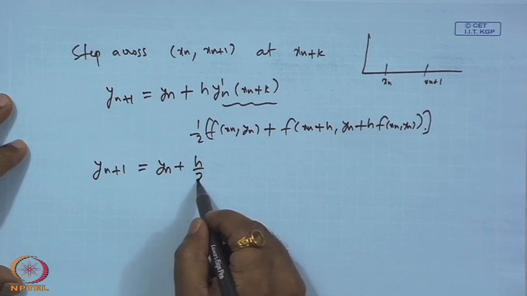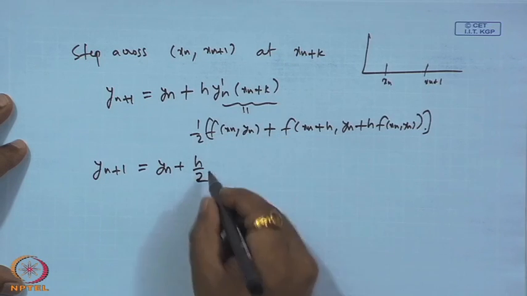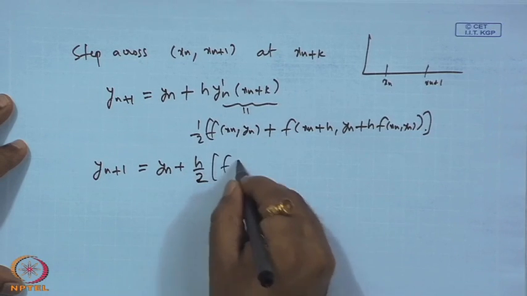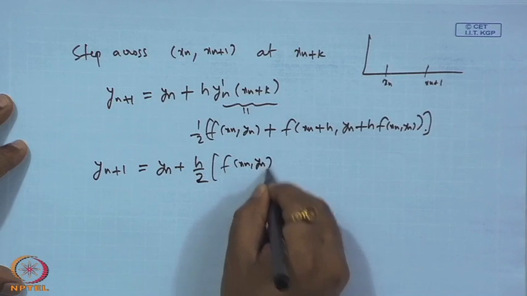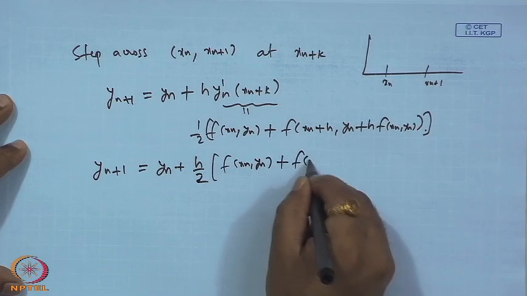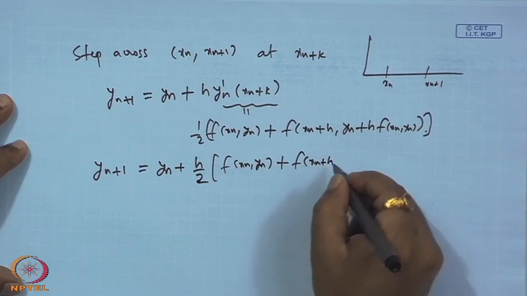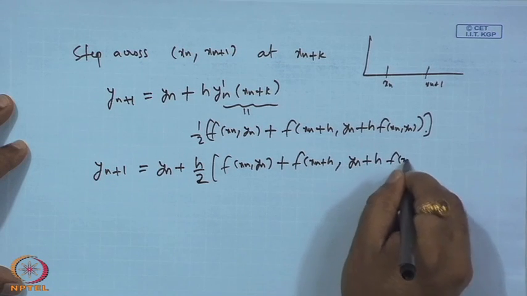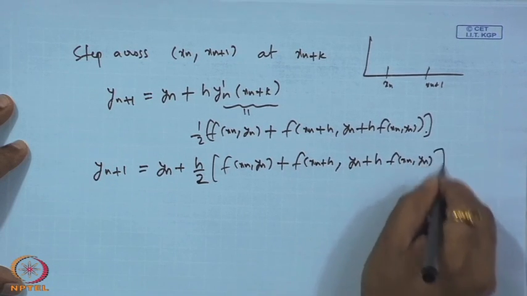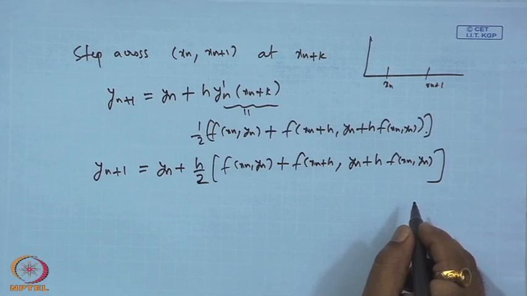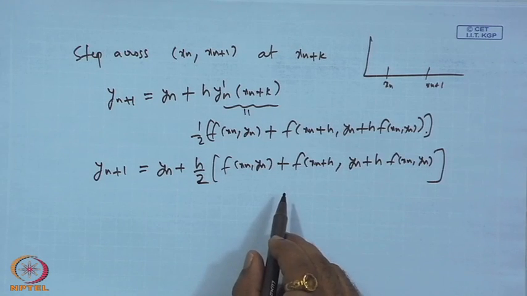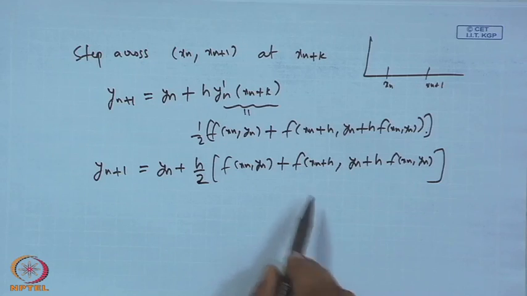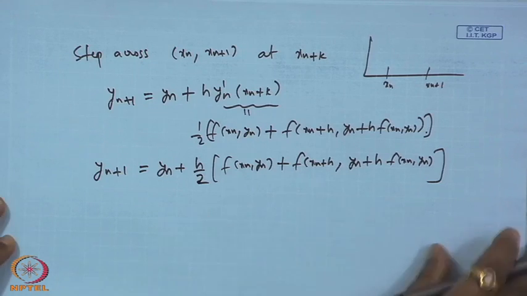So, then we get, so this is approximated like this, then we get your trapezoidal rule. Okay.